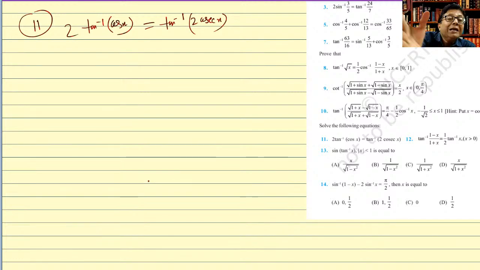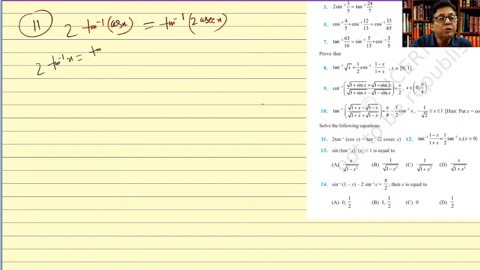Can I take that 2 inside? Can I use this formula? Which one? Can I use 2 tan inverse x equal to tan inverse 2x by 1 minus x square?